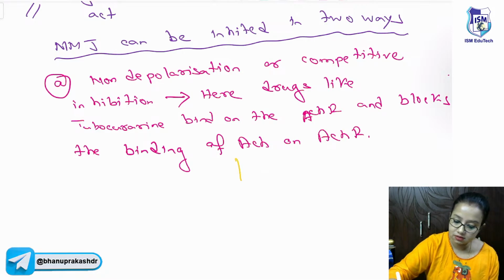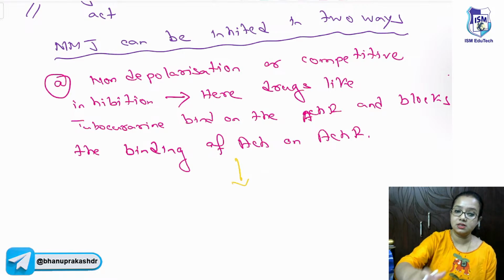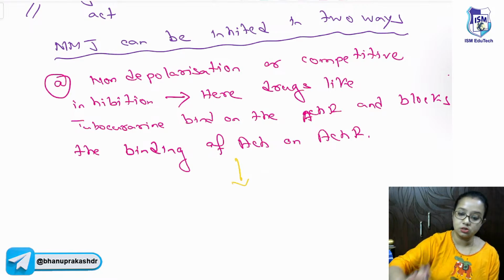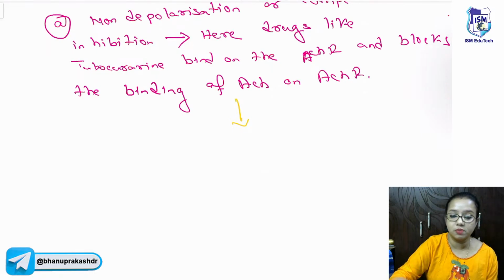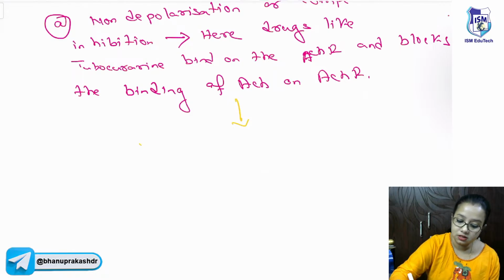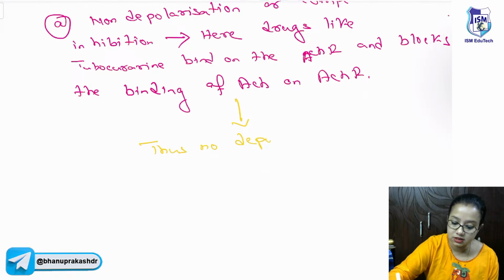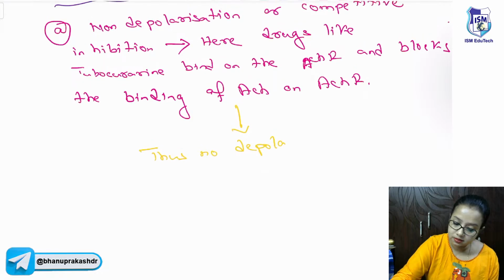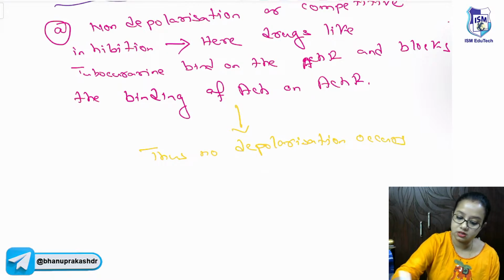Thus, if those drugs bind on the receptor, there is no place for the acetylcholine to bind on its receptor because it is already bound. It has competitively inhibited the acetylcholine from binding onto its receptor. Thus, no depolarization occurs.